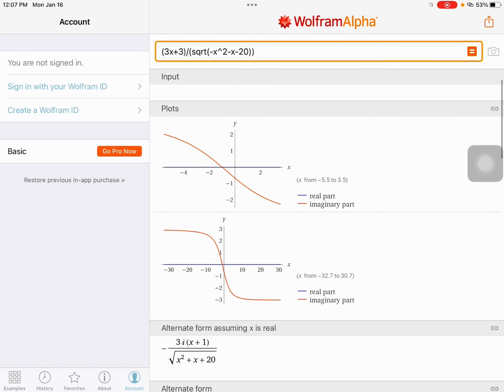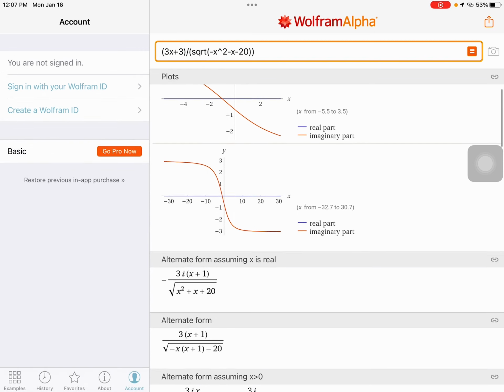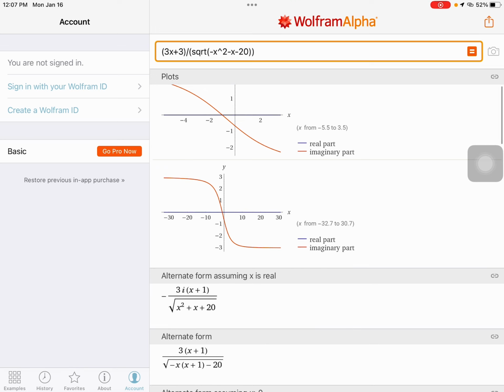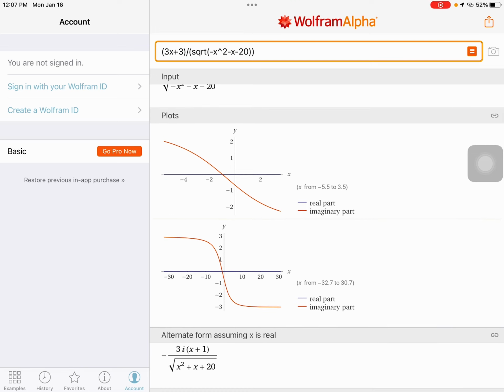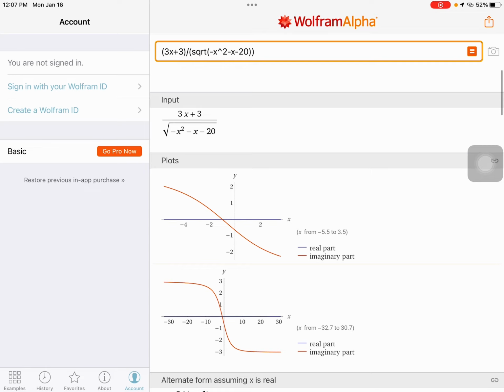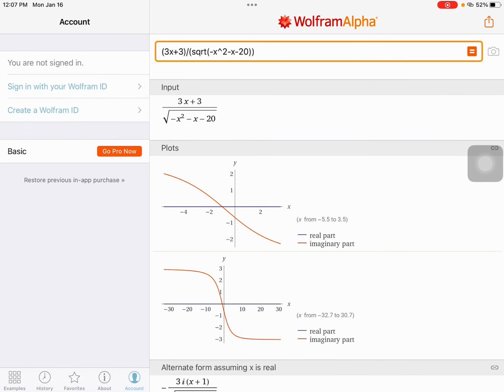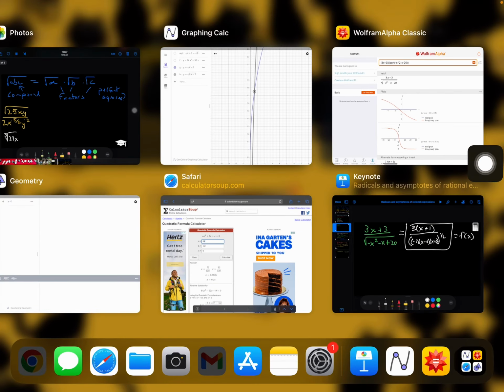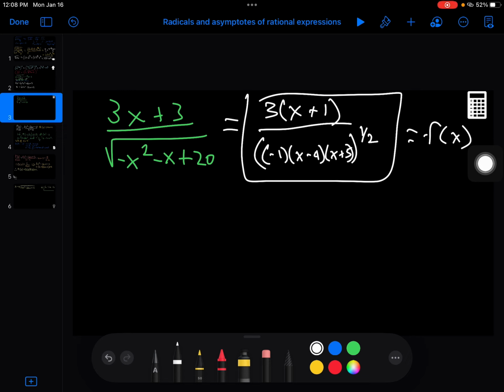Well, it looks like from the bottom graph here that we've got some asymptotes at roughly 3 and negative 3. And so let's have a quick look at that first. Asymptotes. So are there any numbers which we could substitute for x, which would give us 0 on the bottom?